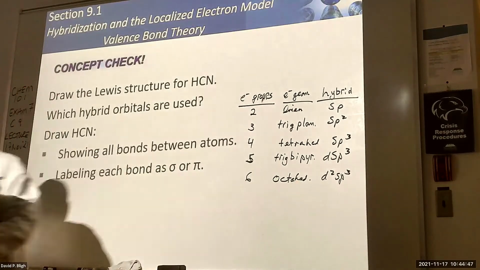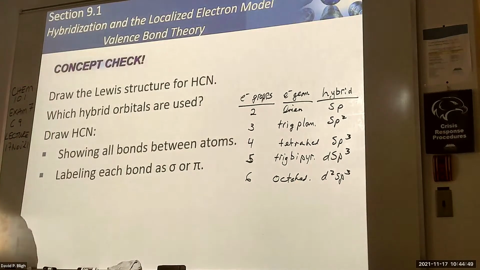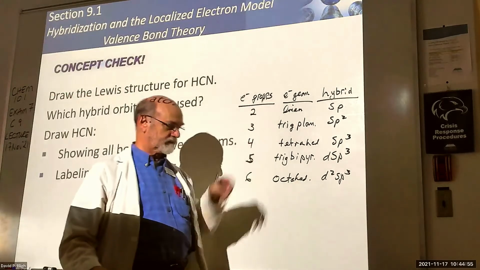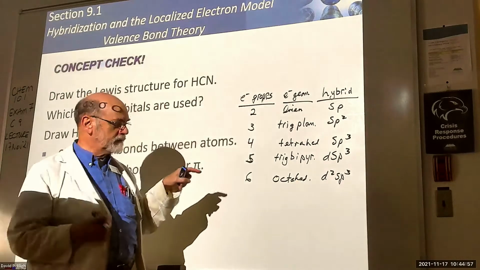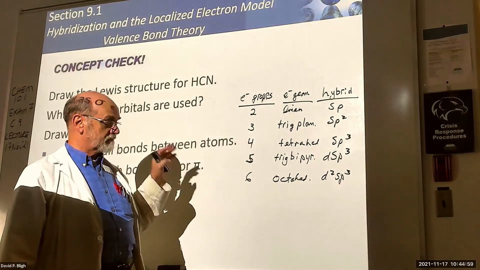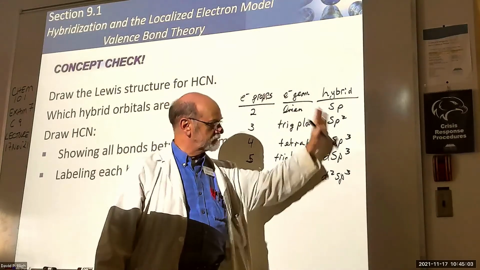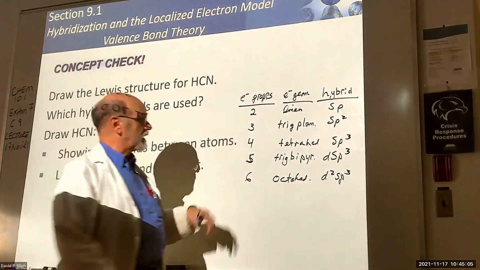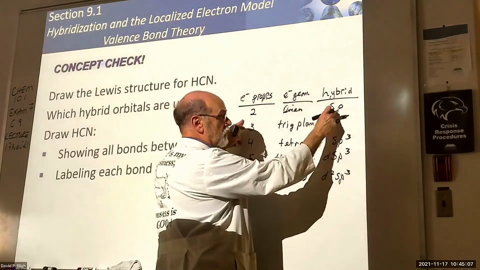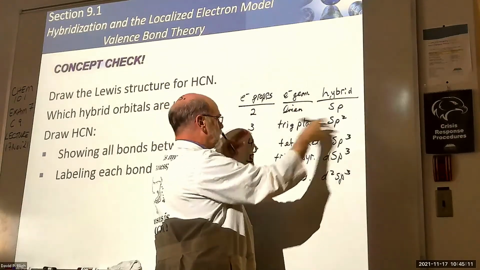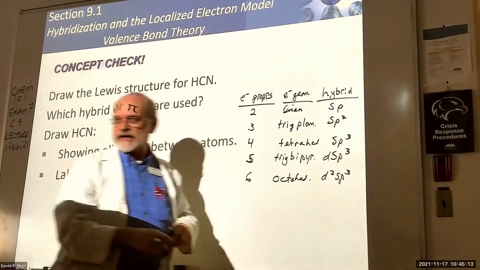So once you've mastered the VSEPR skill, using it to get your electronic geometry, then it's just an extension from there to here. And you only need 2, so sp, right? 1 s, 1 p; 1 s, 2 p's; 3, and so forth, all down the line.